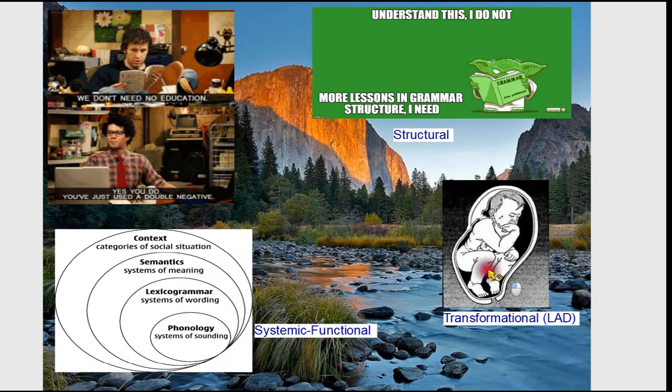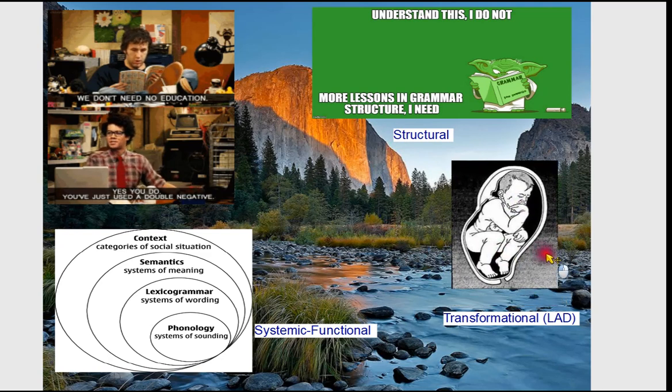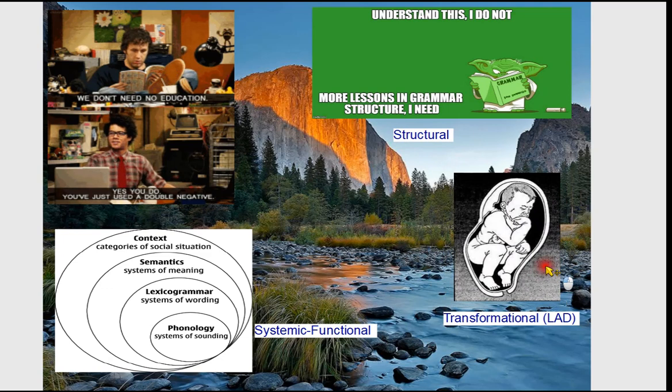Transformational grammar, Noam Chomsky's baby, is basically one of the top ones, I would say. Some people would disagree, I know. But because of the LAD theory, which I will mention at the end of the video, you will see what I mean.